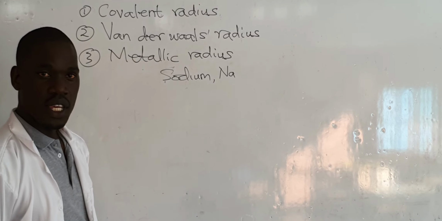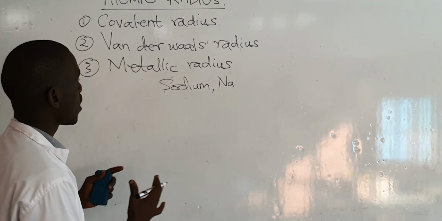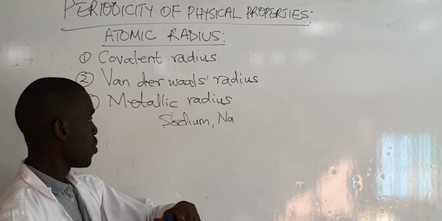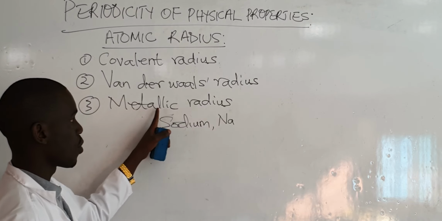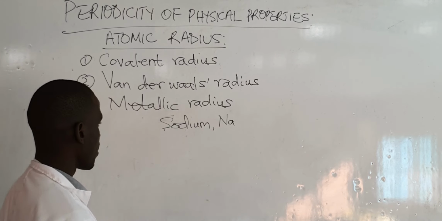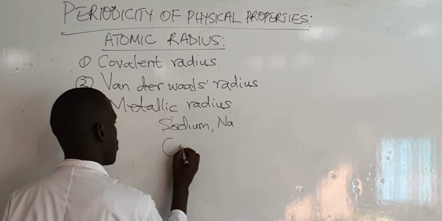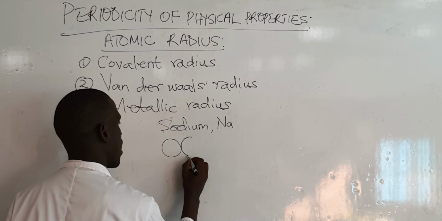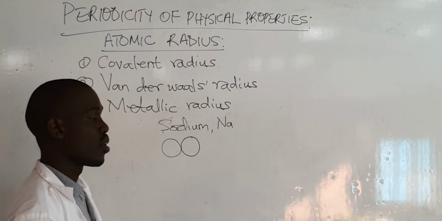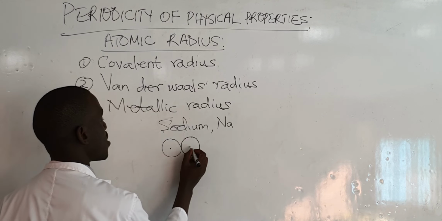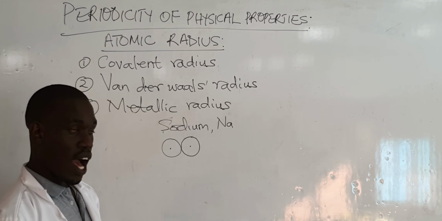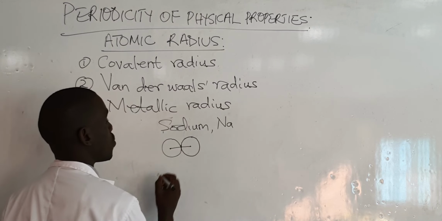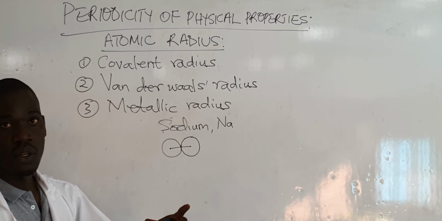Two atoms of sodium which are adjacent to each other, then half the internuclear distance gives you what we call the metallic radius. If this is an atom of sodium, and this is another atom of sodium, half the internuclear distance between these two adjacent atoms gives us the metallic radius.